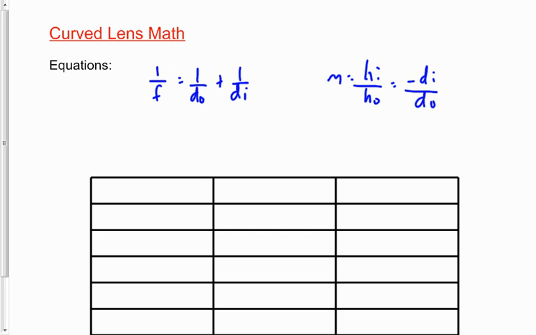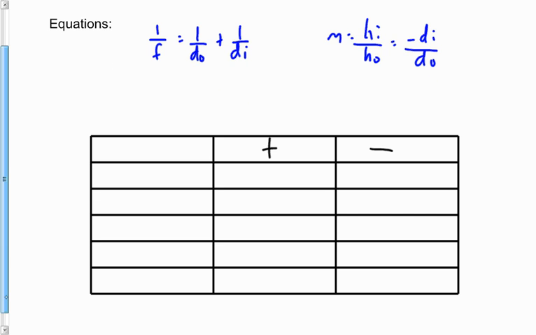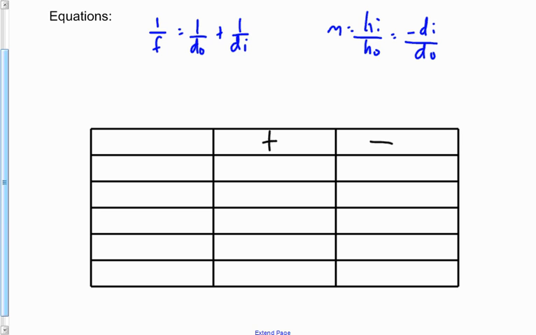What about positives and negatives? Well, let's look at f, do, and di. When is f going to be a positive value? It's going to be a positive value when we have a real focal point, and it's going to be negative when we have a virtual focal point. What type of lens produces a real focal point?